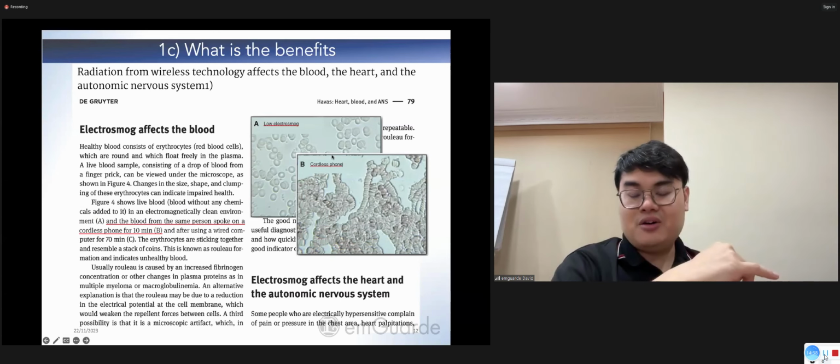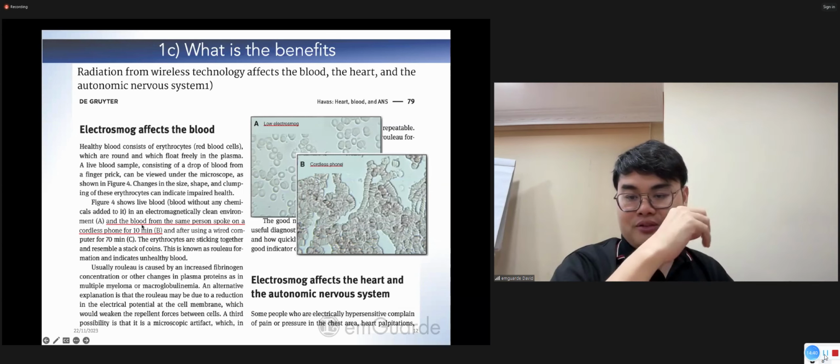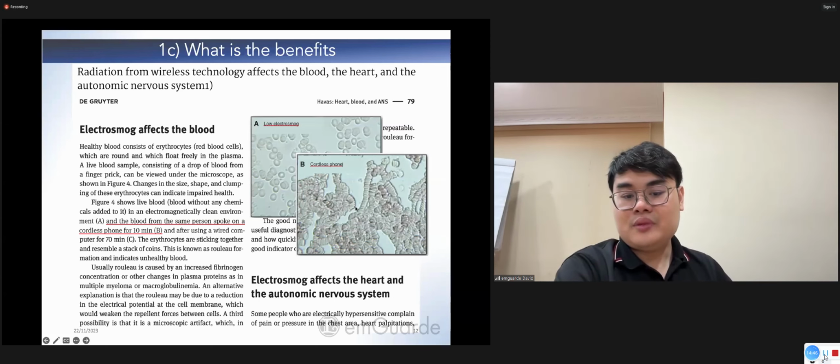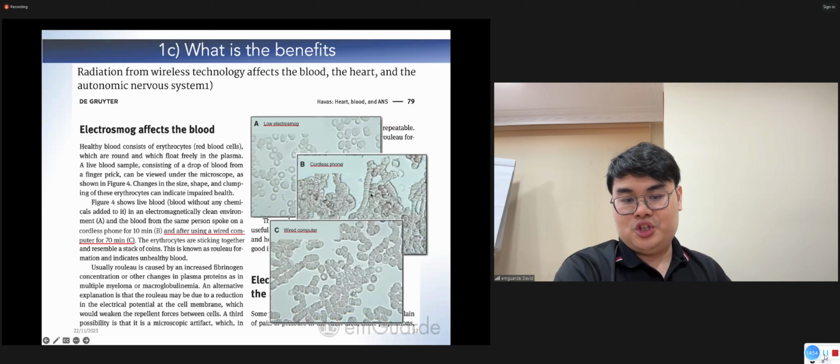Okay, she used a cell phone, and after that, she pricked her finger, and she discovered under the microscope that this is how her red blood cells look after 10 minutes of cordless phone use. Okay, and then she did another test, which is C. She used her desktop computer for 70 minutes, and this is what she discovered as well. If you notice, there is actually a difference between, next slide, A, B, and C.